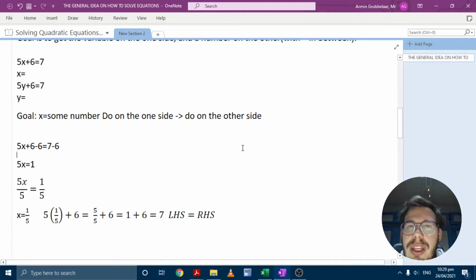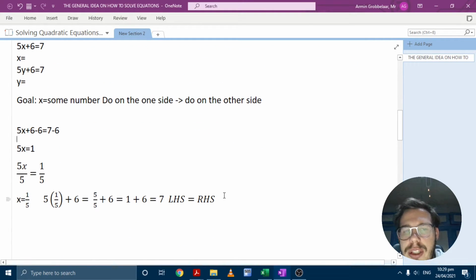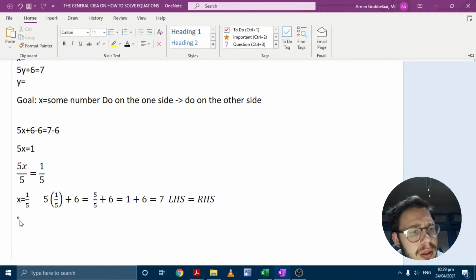So the general thing that you have to think about if you have to solve an equation is first to get the x on the one side, or the y or the variable on the one side, and a number on the other side. But generally it will be a number on the other side, but you can also have, let's say, xy is equal to z.